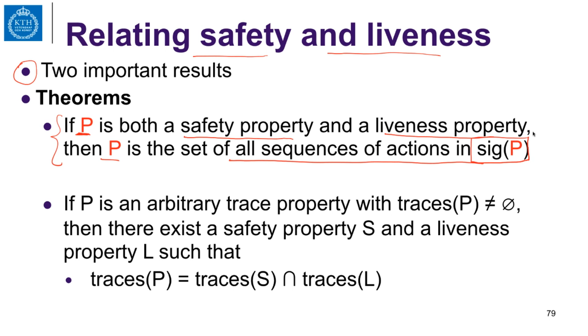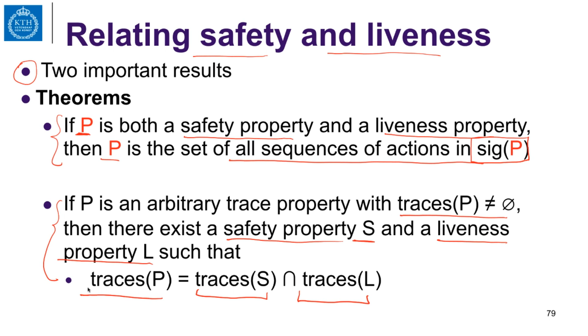The second theorem says that if P is an arbitrary trace property and this trace property set is not empty, then there exists a safety property S, that's another set, and a liveness property L, that's another set, so that the intersection between these two sets is the arbitrary property at hand.